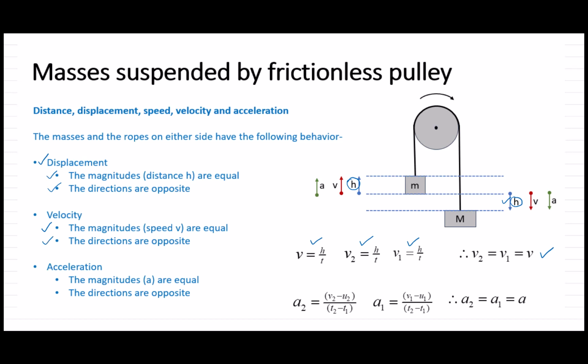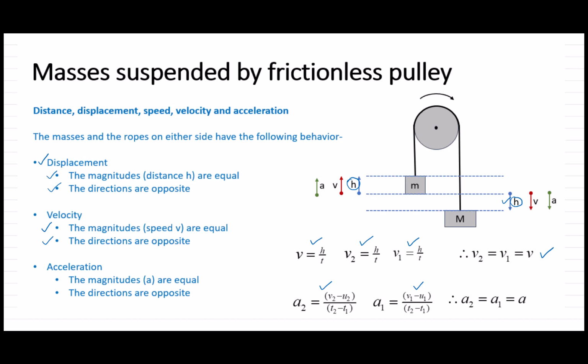And now talking about the acceleration, we know that acceleration is defined as the rate of change of velocity. So a2 will be given by v2 minus u2, final velocity minus initial velocity, over the time it takes. Similarly, for a1, it will be v1 minus u1 over the duration of time it takes.